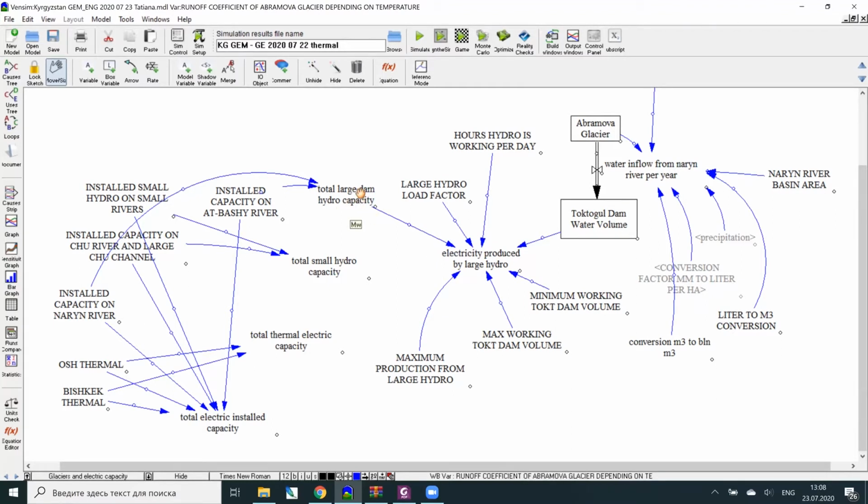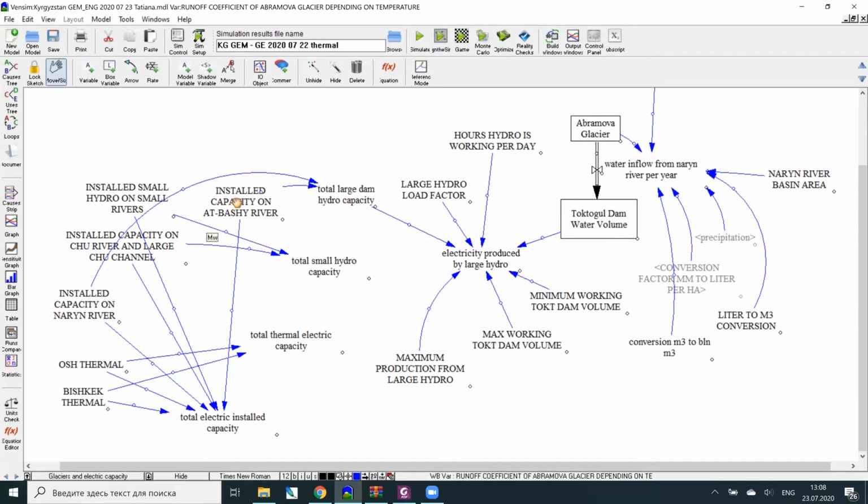This is a cascade, so there are several dam hydros that come one after another. Once you collect enough water in the first dam, then you can have electricity from that water, and then you can use this water again on the station that is down the river, and then again and again.